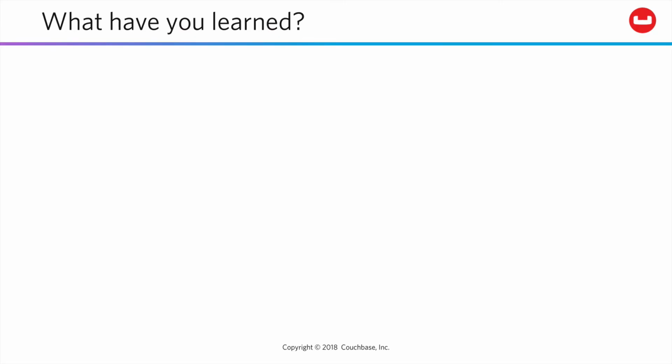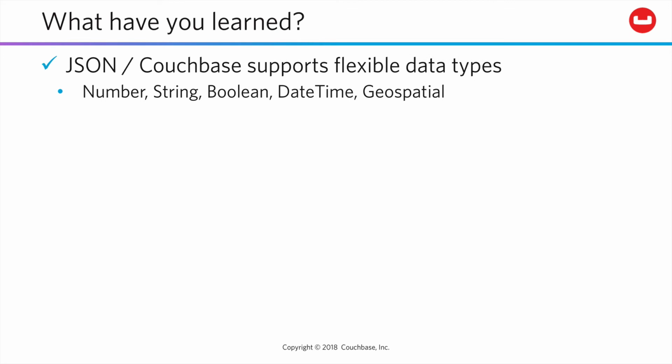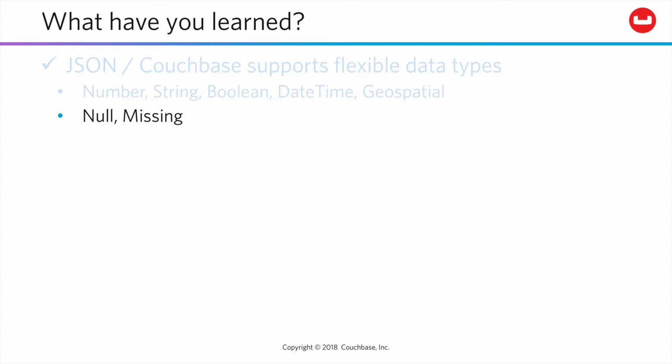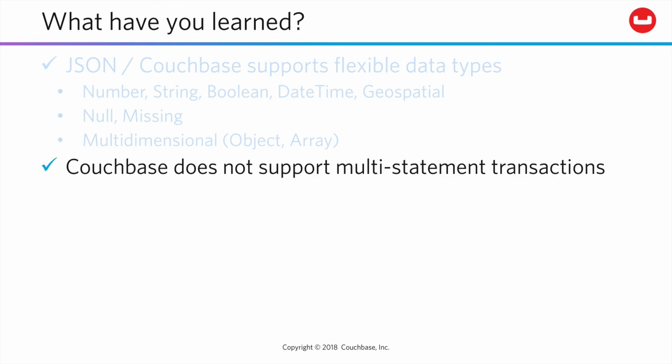So what have we learned? JSON flexibly supports typed data, including number, string, Boolean, datetime, geospatial, null or missing values, and multidimensional structures combining any of the above via arrays, objects, and their nested combinations. Couchbase does not, though, support multi-statement transactions.